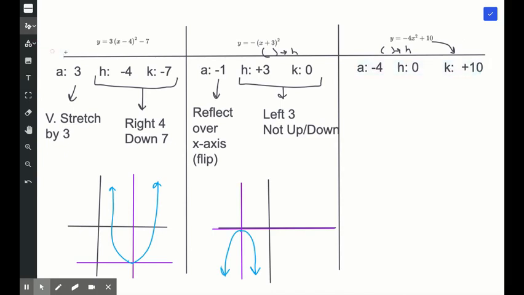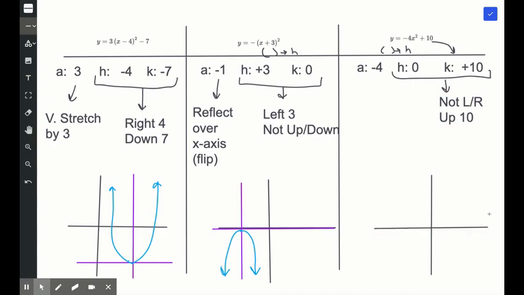Okay, once again, we know that these two are going to come together and tell me how I'm moving left and right. Well, I'm not moving left or right, but I am moving up 10. So if I wanted to, I could just do a basic sketch on the side of my paper. It's not super important.